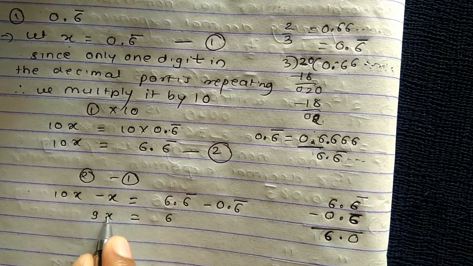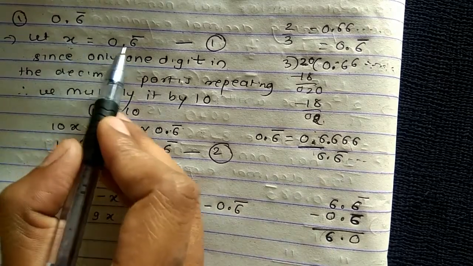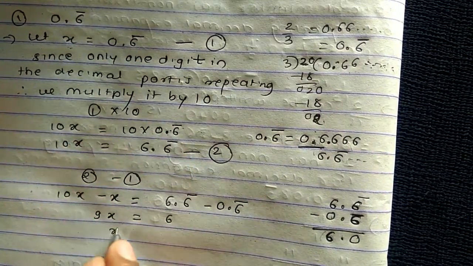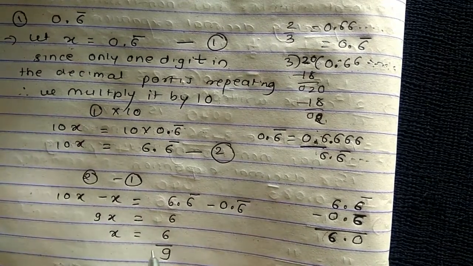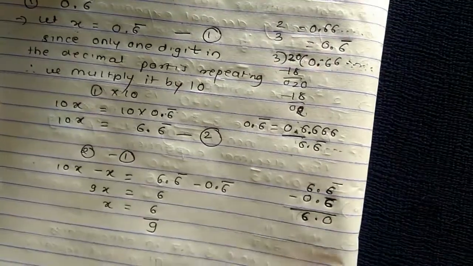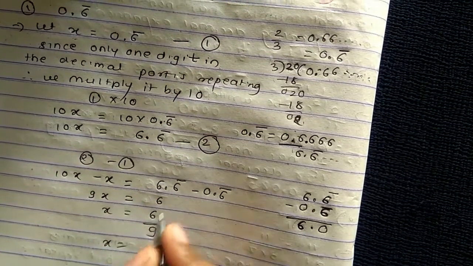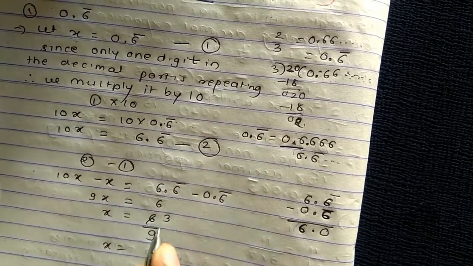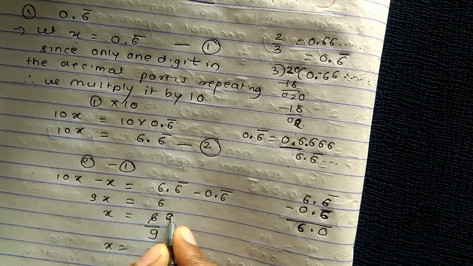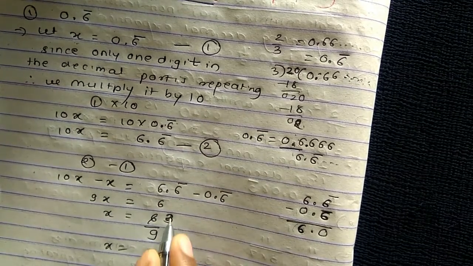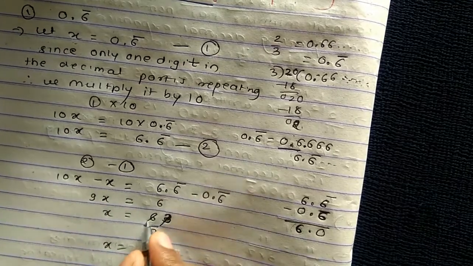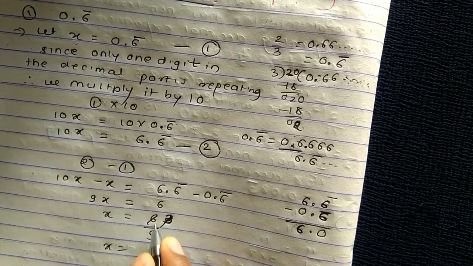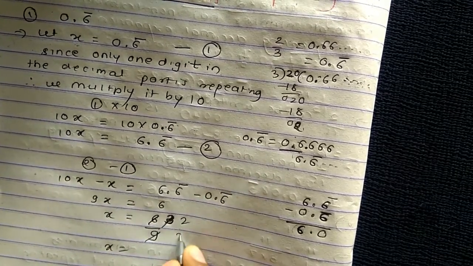Now we want x, because x is 0.6 bar, and its value we want. So x will stay as it is, and 6 and 9 go to the other side. So x equals 6 by 9. Reduce this to the lowest form. With 2 we cannot divide, but 6 and 9 can be divided by 3. 3 twos are 6 and 3 threes are 9.